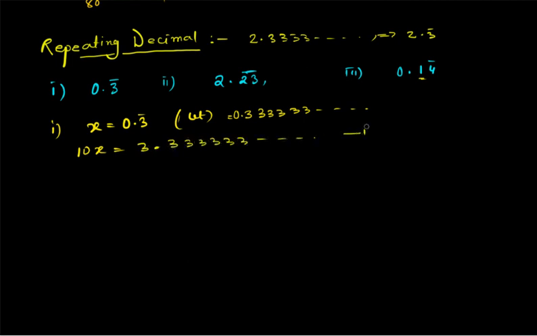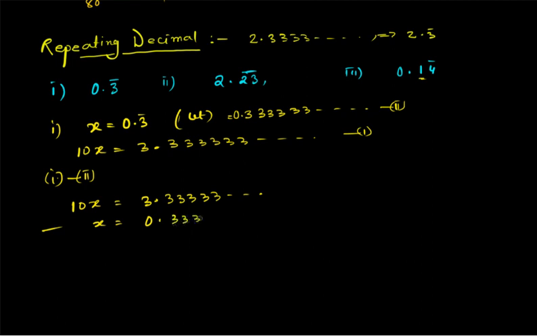Let's name it equation 1, and let's name this equation 2, and subtract equation 1 from equation 2. So it will give you 10x equals 3.33333 dot dot dot minus x equals 0.33333 dot dot dot.